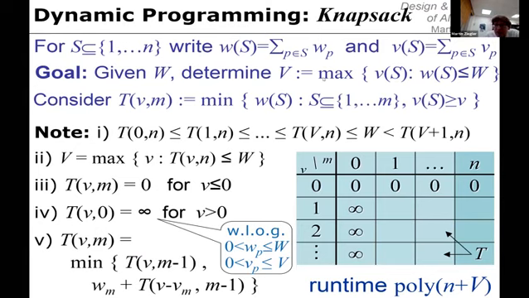So observe, if the running time is polynomial in n plus v, then for instance n times v is less or equal to the square of n plus v, right?